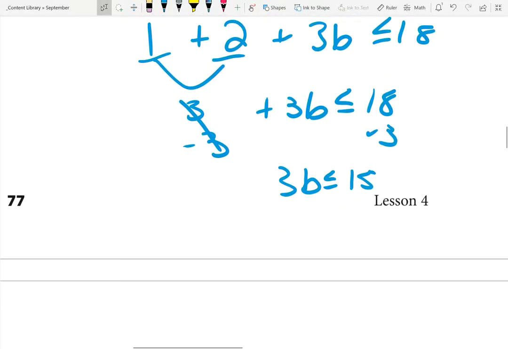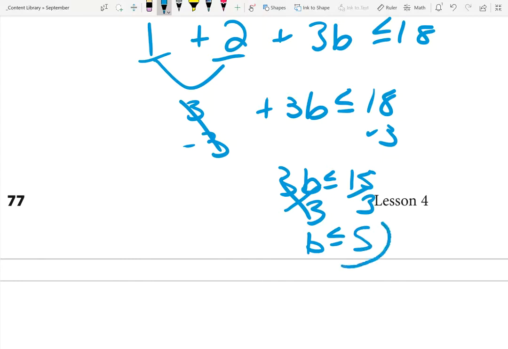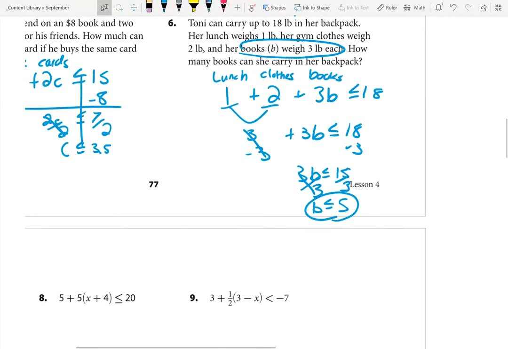Now, each book weighs 3 pounds each. So if we divide by 3, we'll find that she can carry at the most 5 books. 15 divided by 3 is 5. So she can carry at most 5 books. Anything less than that's fine, but anything more than that is too heavy.